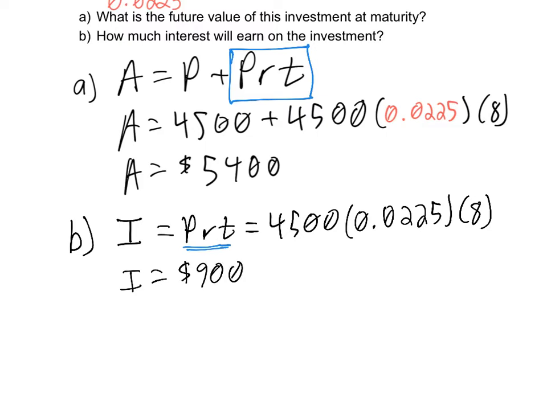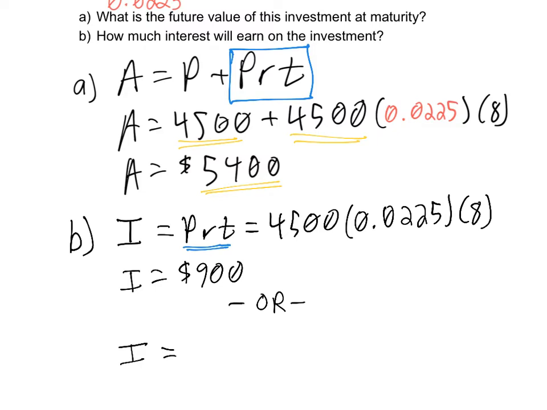So we could do that calculation. Alternately, however, notice that we have the initial amount that was invested. We invested $4,500, and then we check back 8 years later and we have $5,400. The change, the amount of money that we made in those 8 years, has to be the amount of interest earned on the investment.